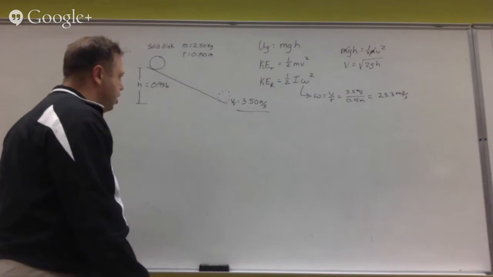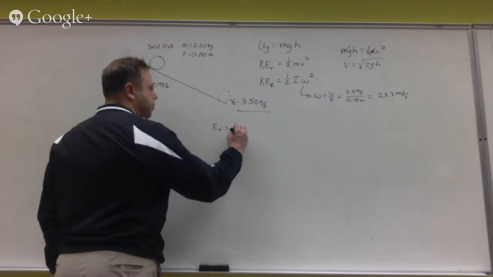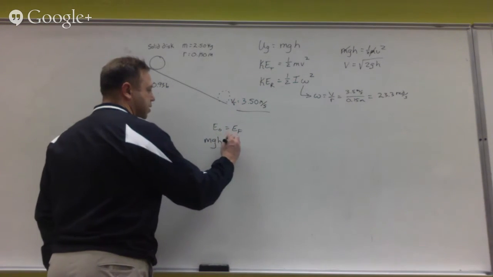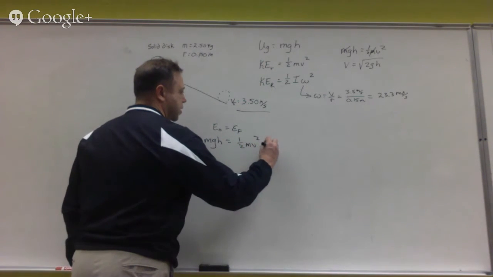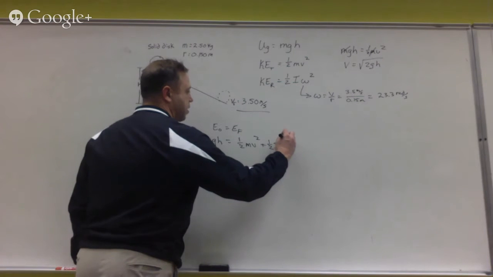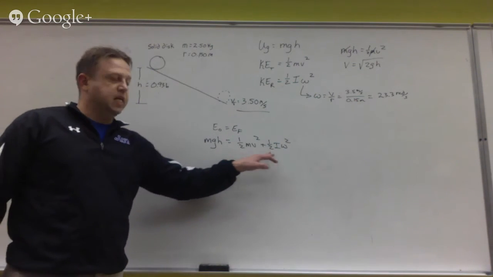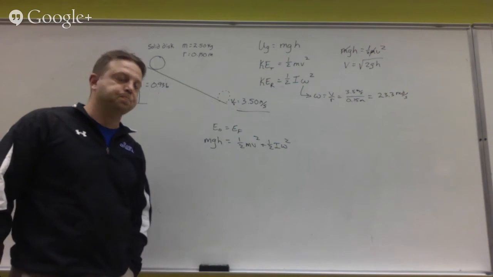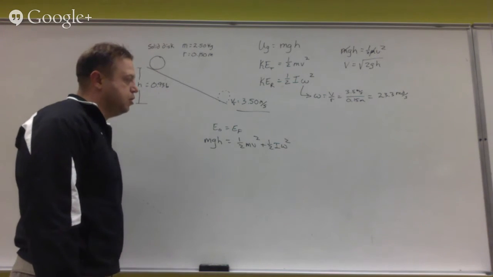So, conservation of energy. The gravitational potential at the top of the ramp is equal to the sum of the rotational and linear kinetic energies. Now, I'm going to do a two-part substitution here.